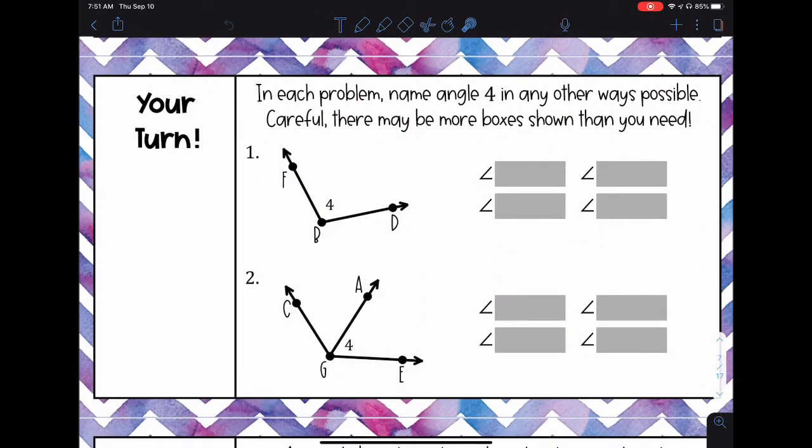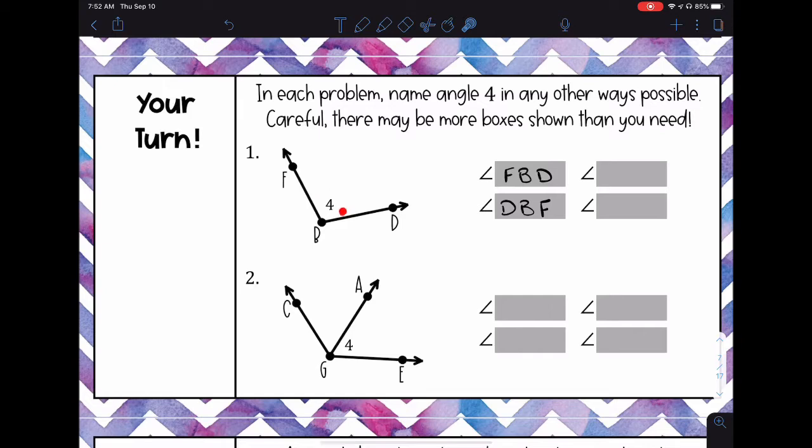Now it's our turn. So let's name this guy. Number 1. It says in each problem, name angle 4 in any other ways possible. Careful, there may be more boxes shown than you need. So for number 1, you can name it FBD, and you can also go the opposite way, DBF.